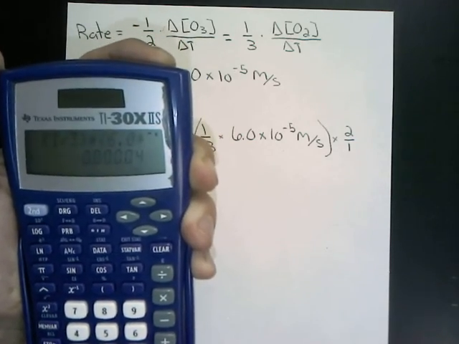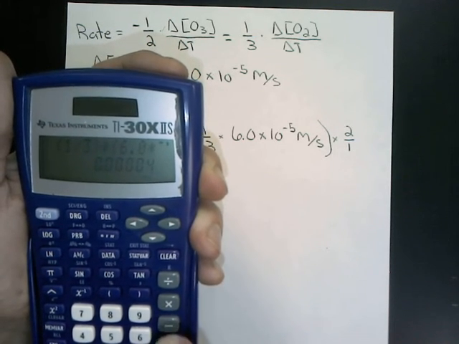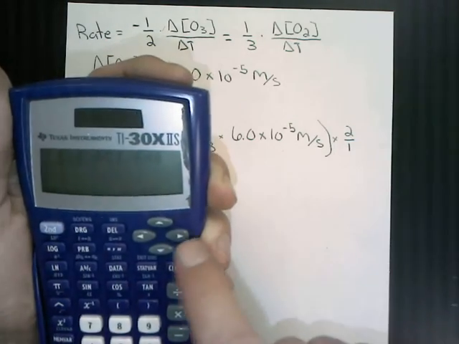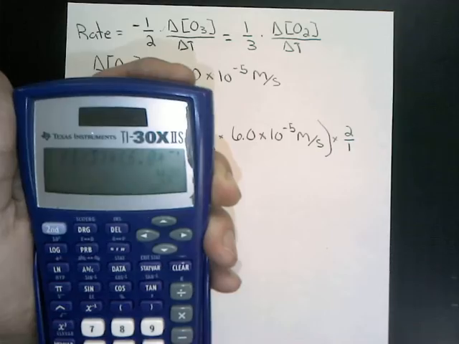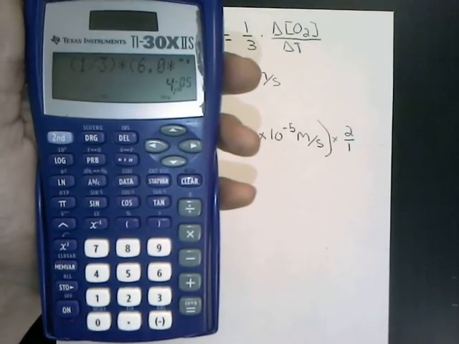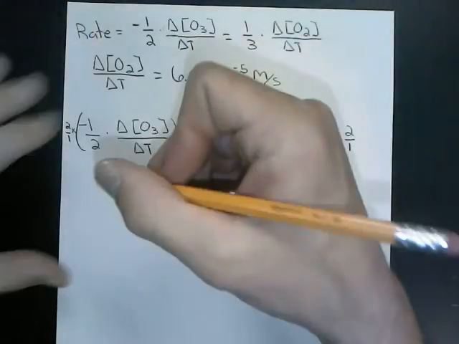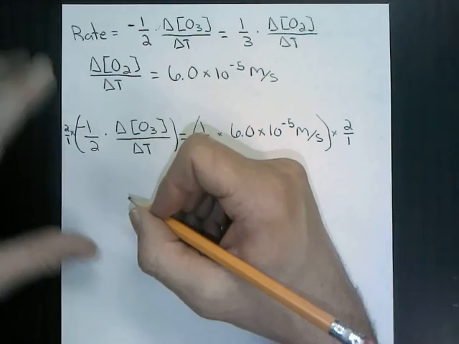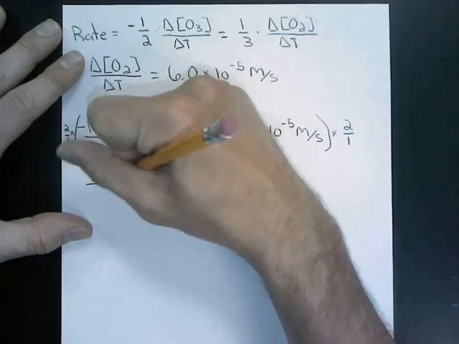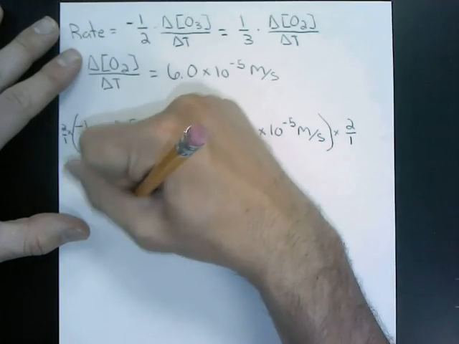We press enter. We get a value of 0.00004, or, since it's a lot easier to express rates in scientific notation, 4.0 times 10 to the negative fifth M per s. Now, remember, I did not get rid of that negative sign. So this is actually negative change in O3 over change in time.